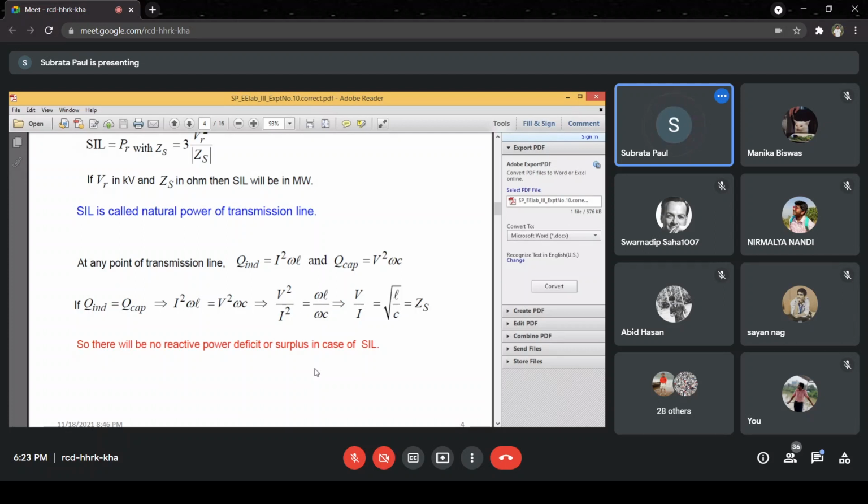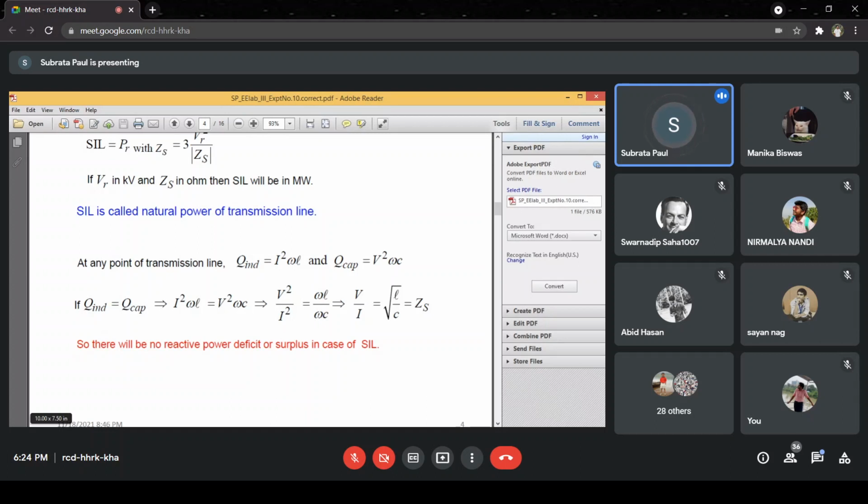And at the same infinitesimal length, some capacitive var is being absorbed by its shunt element. If these two are equal, then at every infinitesimal length of the line, there is no surplus of reactive power. Here another point has to be mentioned.